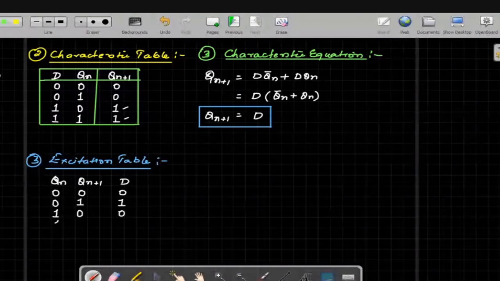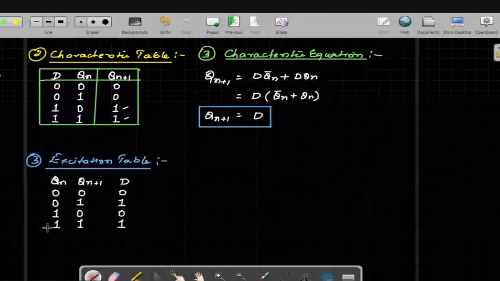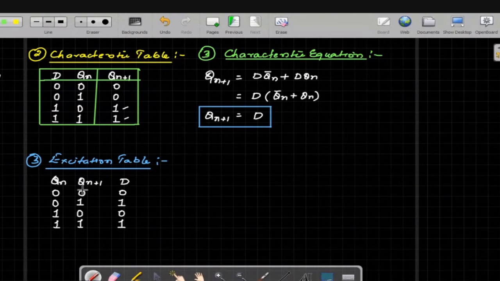And if my previous output is 1 and I want to make it 1, then what input will I apply? 1. Because as we just saw in the characteristic table, D exactly follows D, Qn plus 1 is equal to D. So no matter what Qn column you have, you simply have to translate 0 0 1 1, 0 0 1 1. Okay, in this fashion.